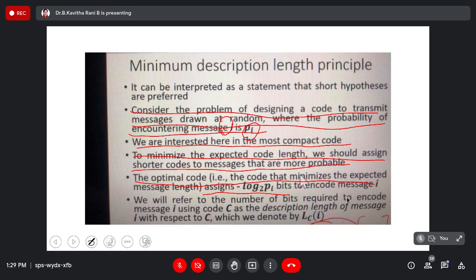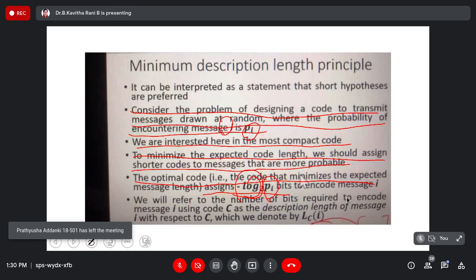So what are we doing here? The code that minimizes the expected message length, the optimal code, assigns minus log2 p_i, where p_i is the probability of a message. Why did we use log2? To minimize the message. The negative log we are using to minimize the data.